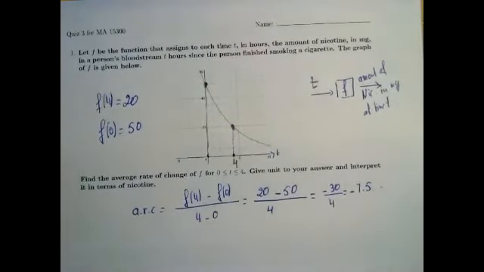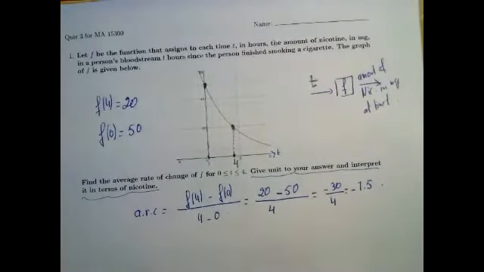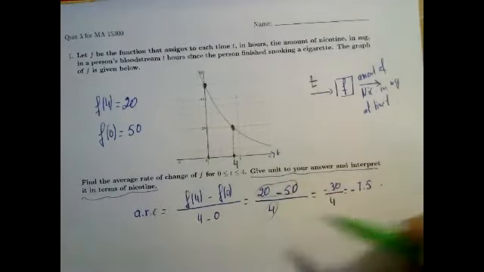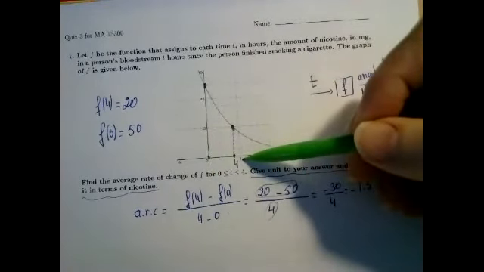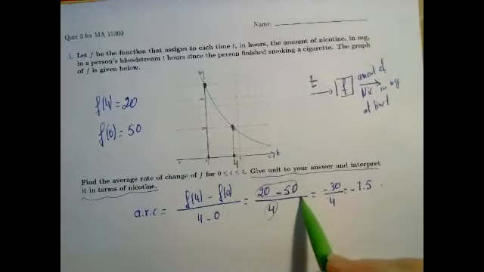Now, my question is, give the unit and interpret in terms of nicotine. So what does the average rate represent in terms of nicotine? First, let us understand one more time. When we did this operation, what did we actually do? As time goes from 0 to 4, it means as time passes, the amount of nicotine decreased.